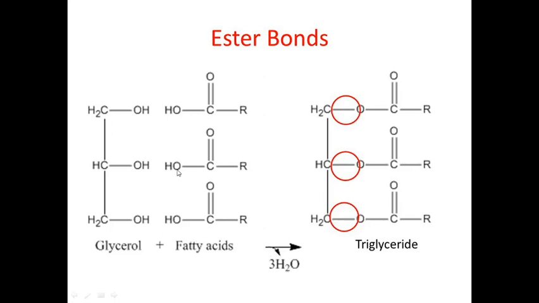So what remains here? This oxygen forms the bond with the carbon atom of the glycerol. As a result, two hydrocarbon chains are linked by means of one oxygen atom, and this bond between this oxygen and the carbon atom of the glycerol molecule is called an ester bond. In this way, a triglyceride is formed. I hope this is clear to you.